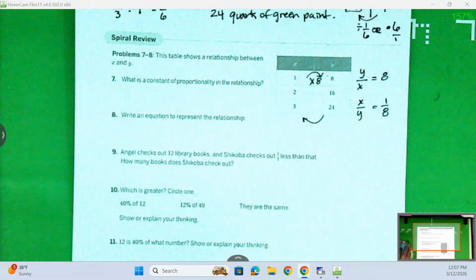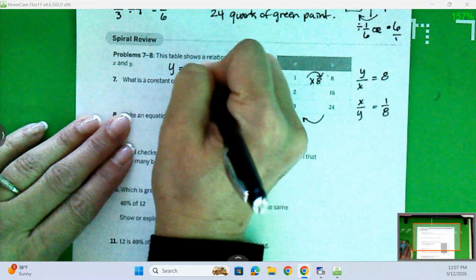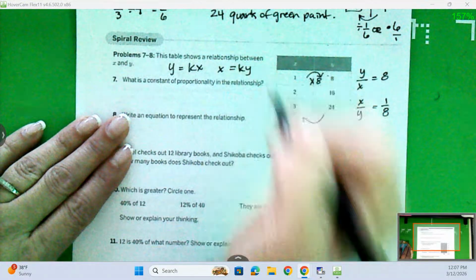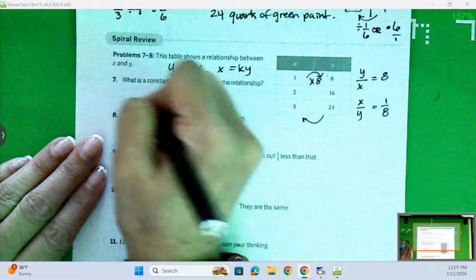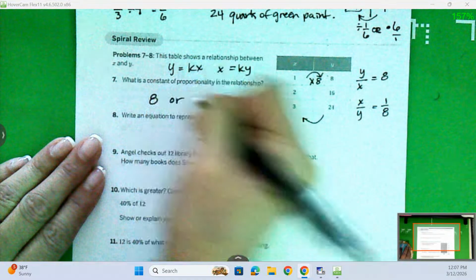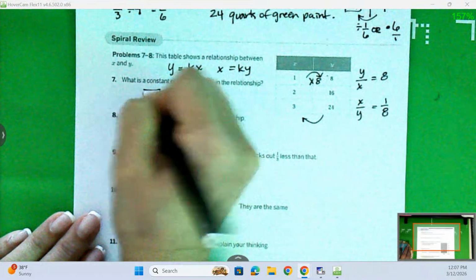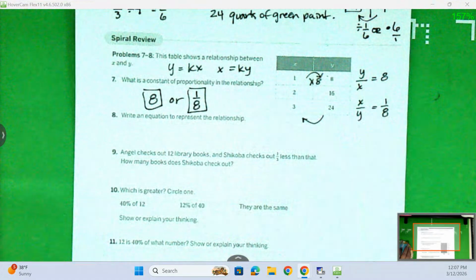So the constant of proportionality, k, okay, remember it's y equals kx or x equals ky. We have two of them, right? We're going to have 8 or 1/8, depending on which way we are solving, if we're going left to right or right to left.